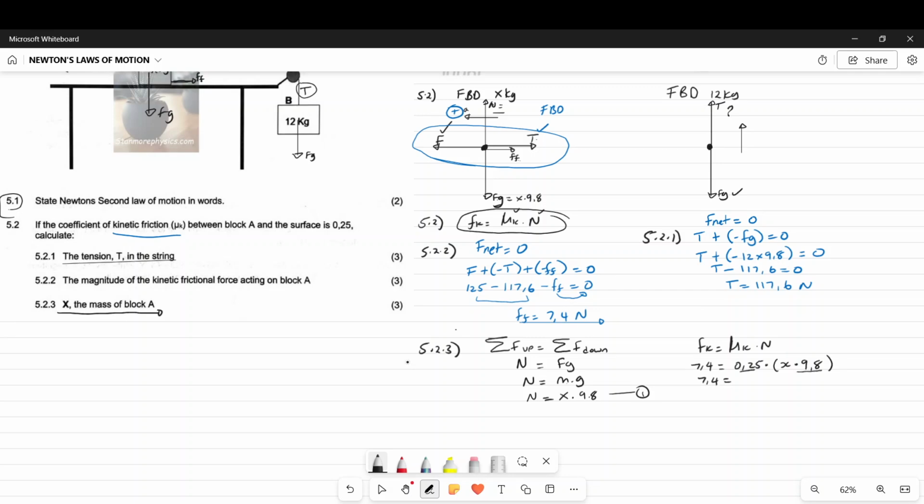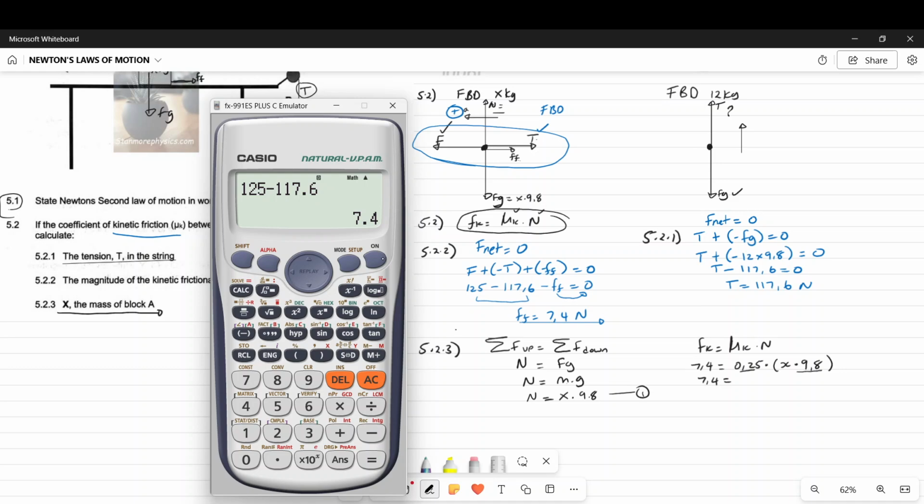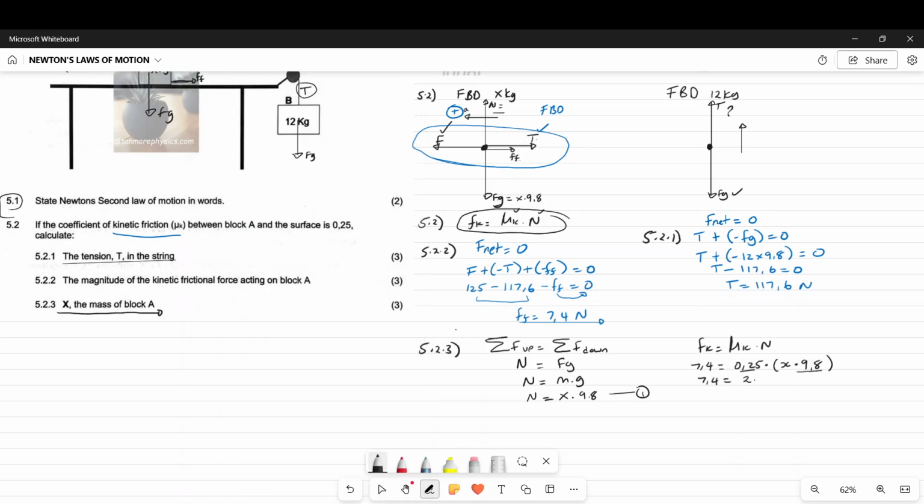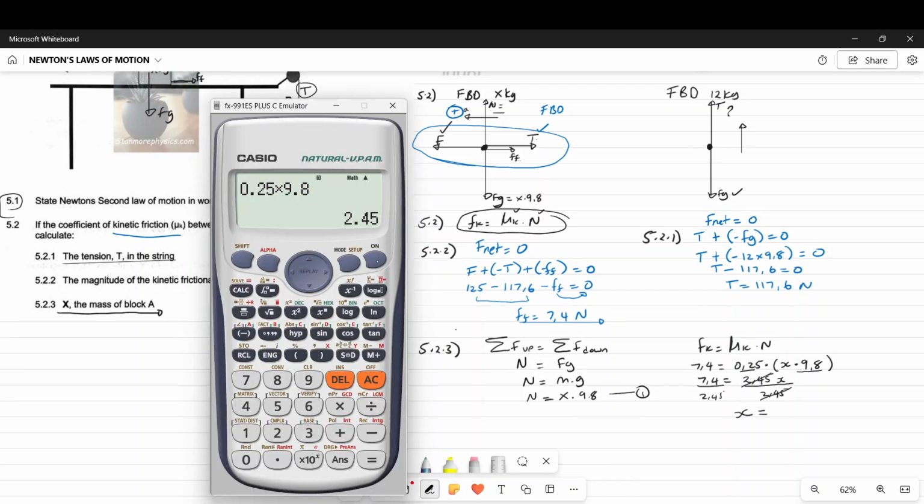Now we can multiply that together. Now we can get 0,25 times 9,8, which will give us 2,45x, right? Then you're going to divide here by 2,45. Divide by 2,45. Now that and that cancels out, and now your x will be, take your calculator.